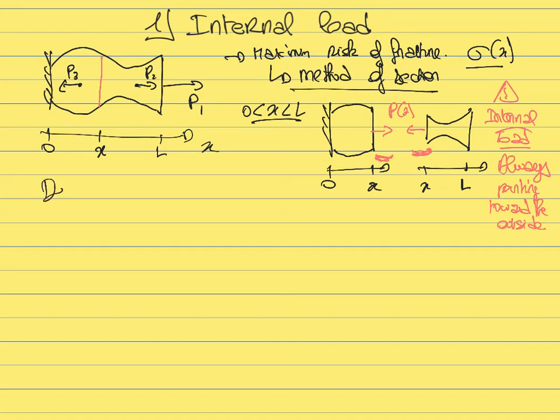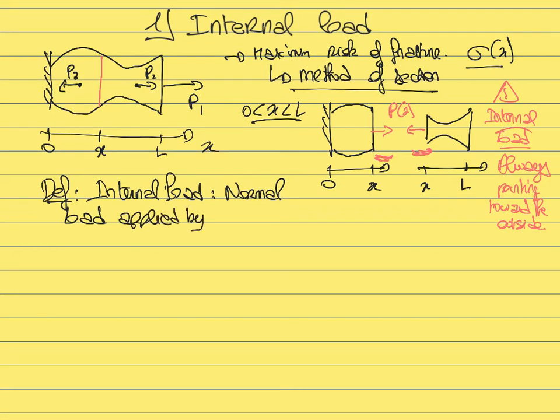Based on this, we will define the internal load as the normal load that is applied from the right to the left or vice versa. So at a given position x, it's the normal load that is applied by the right section on the left section, or vice versa.